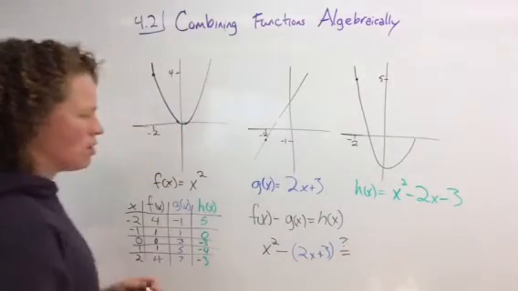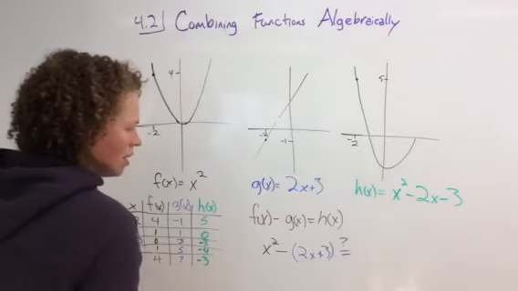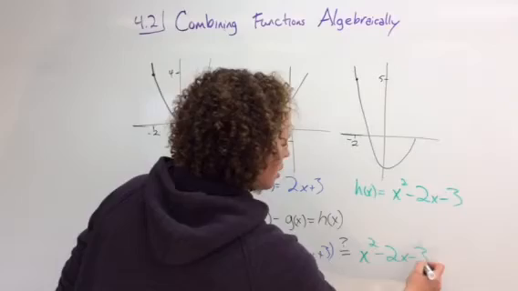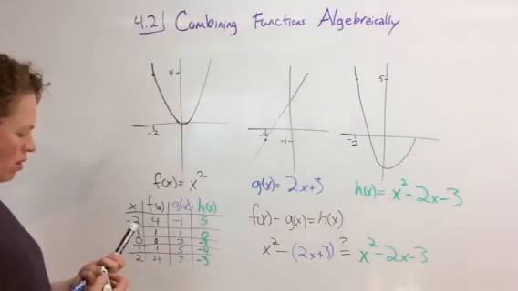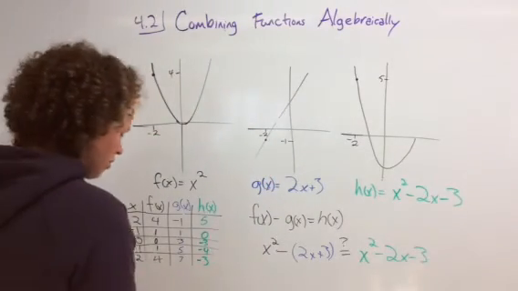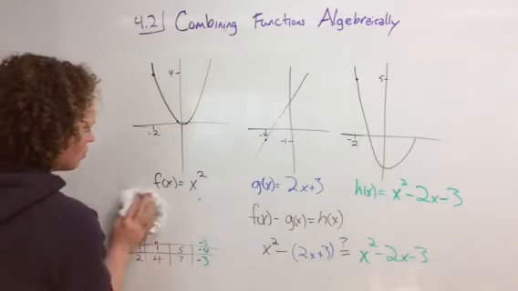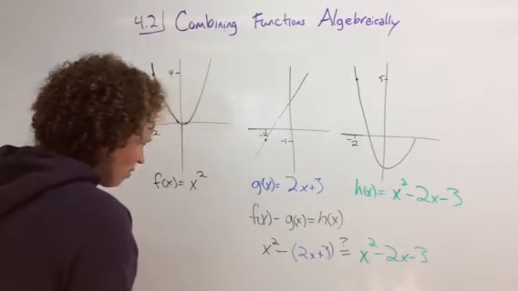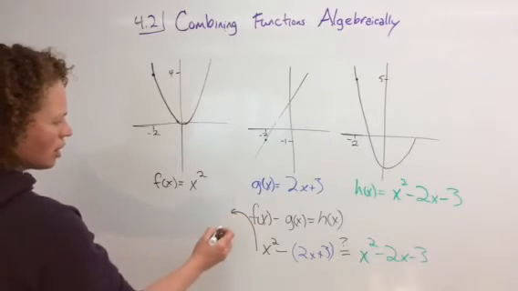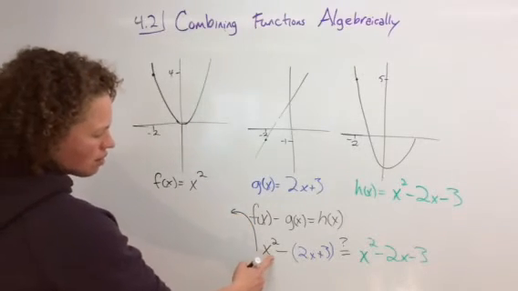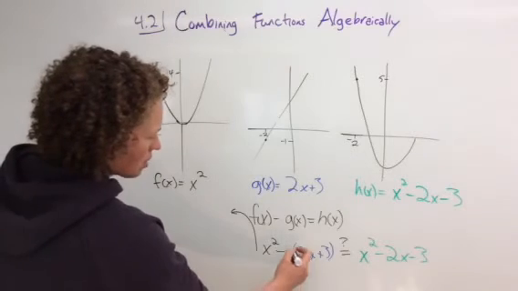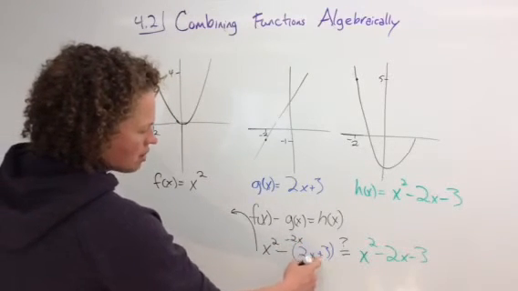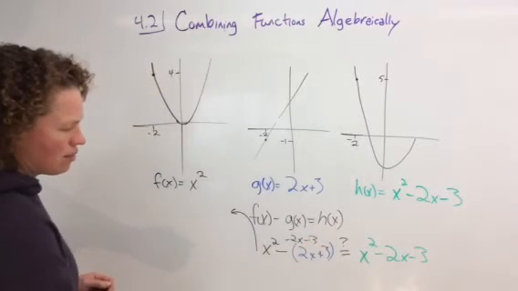And then I'm going to see if it equals. We're just going to put a little question mark over the equal sign there and write in the x squared minus 2x minus 3. So I'm going to give myself a little room here because I don't want to run out of space. I'm going to erase this. And I want to look at this a little more carefully. So x squared minus 2x would be minus 2x, just like that. But minus a +3 would make that a -3.